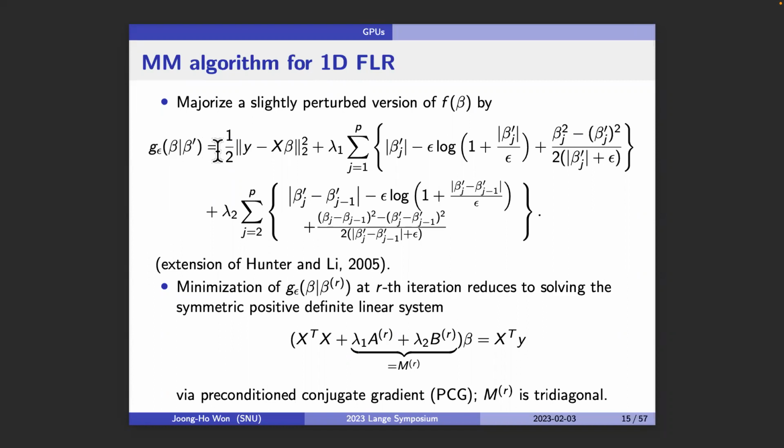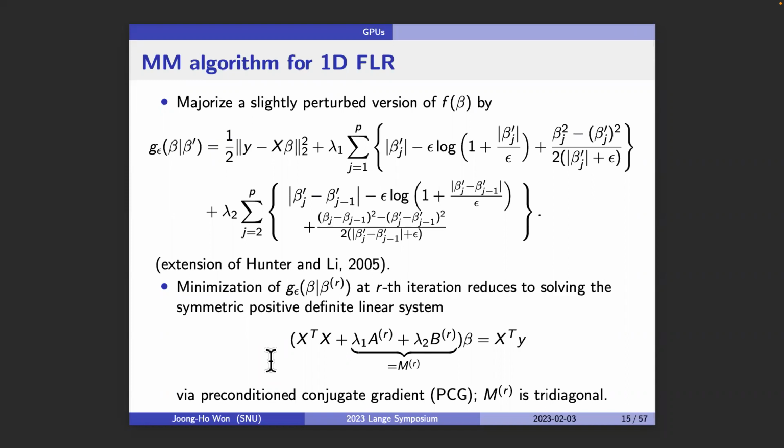The surrogate function I ended up with is this complex-looking one, but this is based on our afternoon speaker's work in 2005 for a plain lasso. So it's an extension of plain lasso MM to fused lasso MM. And it turns out that minimization of this surrogate function in each iteration reduces to solving this symmetric, positive definite linear system, which looks pretty much like the normal equation of linear regression.